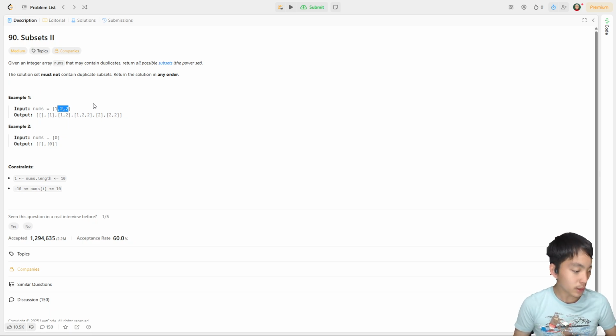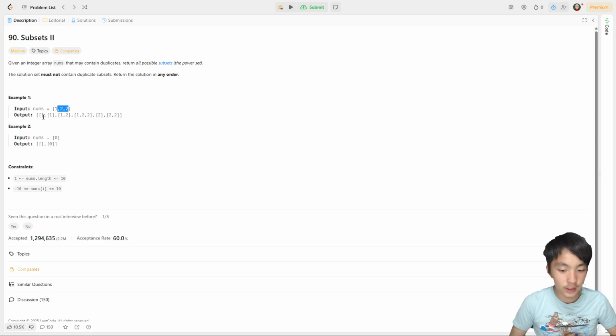So the time complexity I would say is still the same as brute force, so it would be about O of n times 2 to the power of n. But then for the space complexity, if you use recursion, then you can possibly make it O of n.